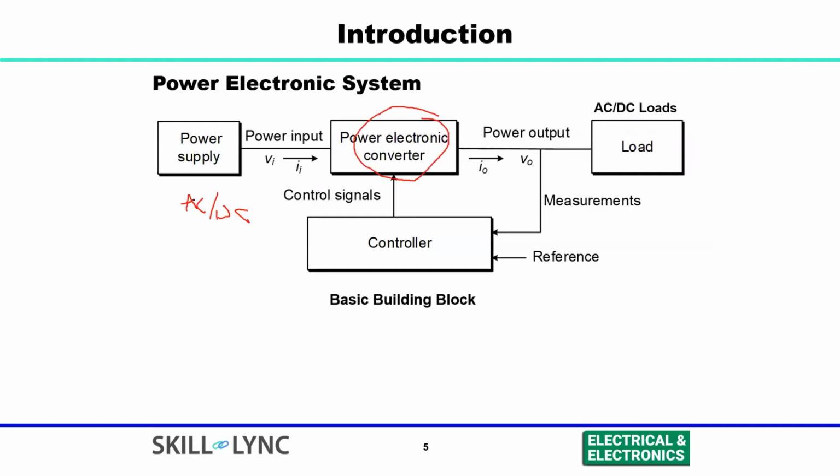If we have AC on both sides, the AC will need different voltage and frequency, for example for a motor, so we need power electronic circuitry to match the load. Similarly, if you have a DC battery and an AC motor, we need DC to AC. And if you have an AC source and a DC battery, we need to convert AC to DC.